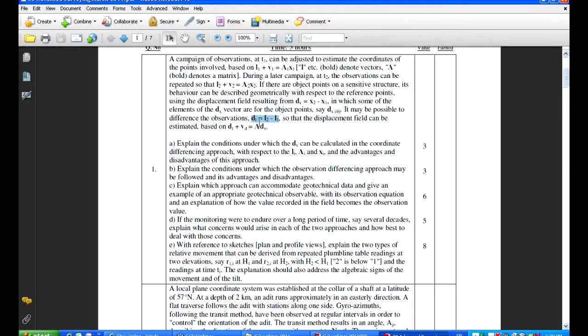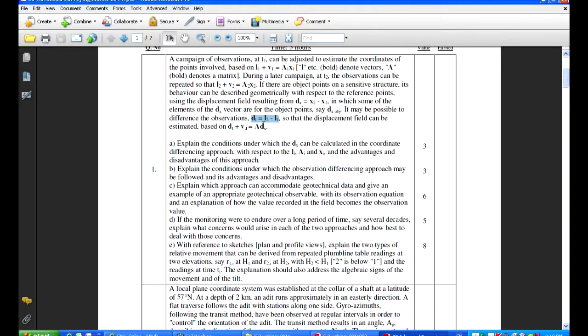The advantage in this particular approach is that we can use observables that are repeated, but not necessarily with a closed configuration. So we can have just hanging distances and all sorts of things. As long as they're repeated, we can still take them through the deformation displacement component calculations.